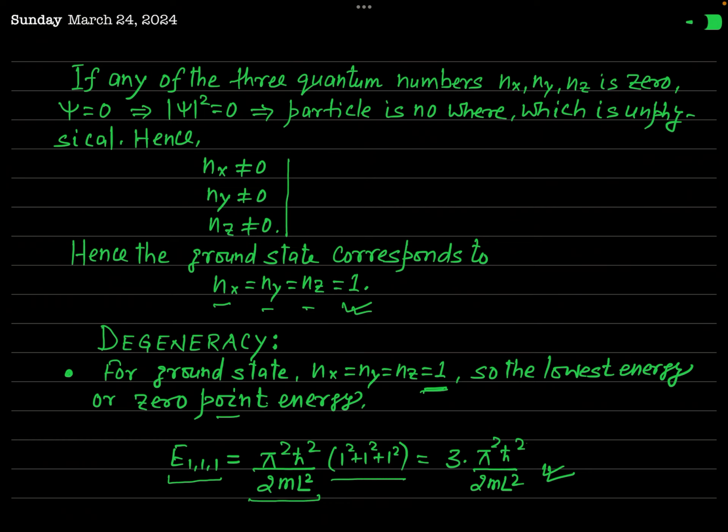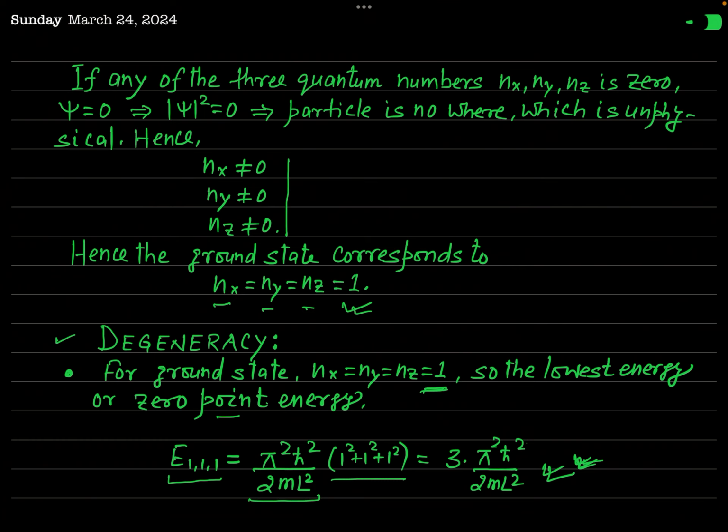So the energy of the electron inside the box is never 0. At least this much energy the electron will have when it is inside this three-dimensional potential box. Since it is the least energy, it is called the ground state energy or the zero point energy. Even at 0 Kelvin temperature, our electron will have this much energy.